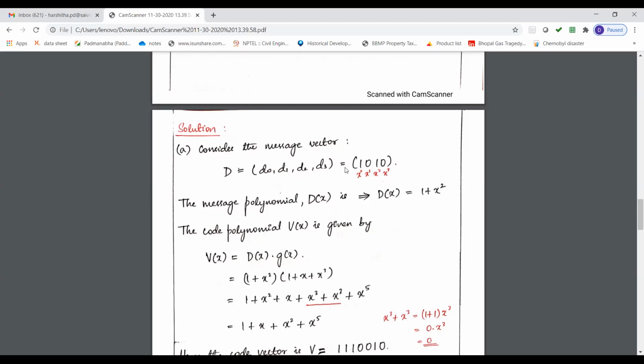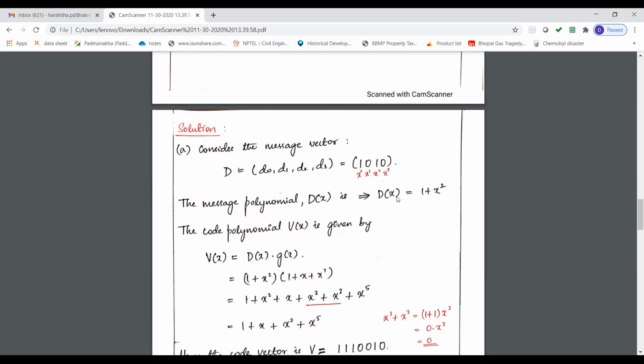Okay, so this first bit will represent x to the power of 0, second bit will represent x to the power of 1, third bit will represent x to the power of 2, fourth bit will represent x to the power of 3. The message polynomial we should write from this message vector.